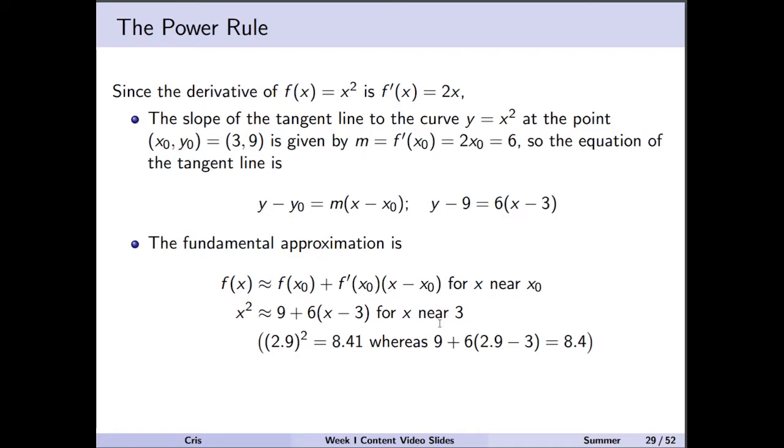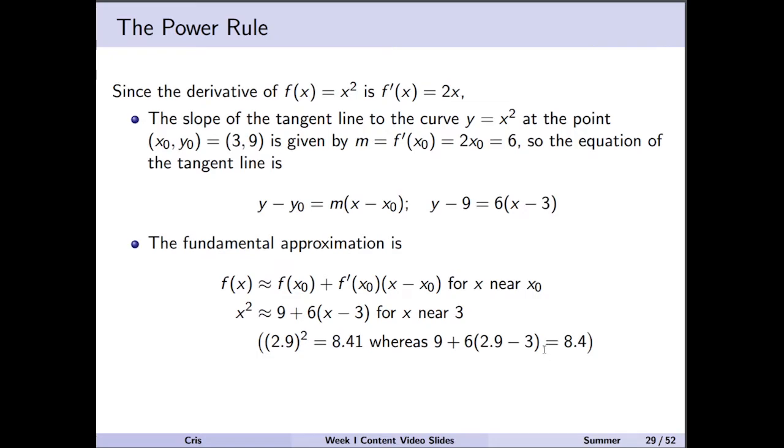If you'd like to check these things on your calculator, you can pick a number that's near 3. I picked 2.9. 2.9 squared is 8.41. Whereas if you plug 2.9 into the y-coordinate of the tangent line, you get 9 plus 6 times 2.9 minus 3, you end up with 8.4. And they are close to each other.